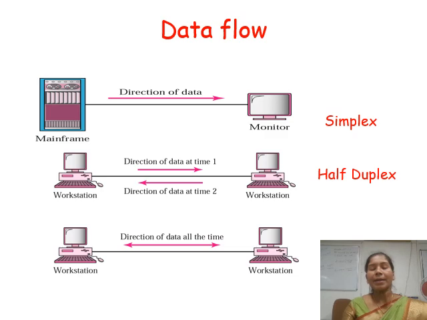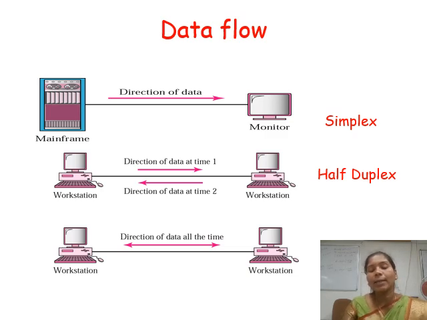Fine. Next one, data flow. The data flow in computer networks can be of 3 formats: simplex, half duplex, and full duplex. What is simplex? Simplex is always unidirectional. There are 3 different examples here.